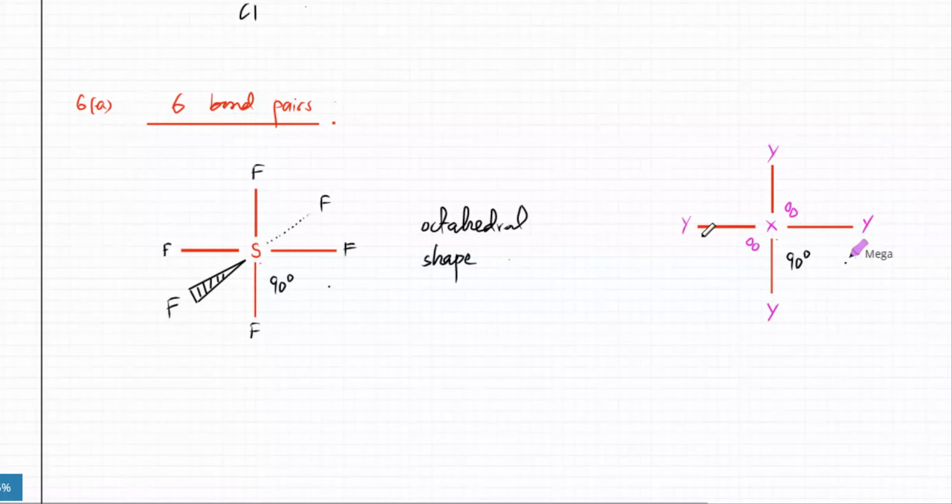So this is not going to be a two-dimensional molecule. If you have 6 electron pairs, let me label this, this is 4 bond pairs plus 2 lone pairs.